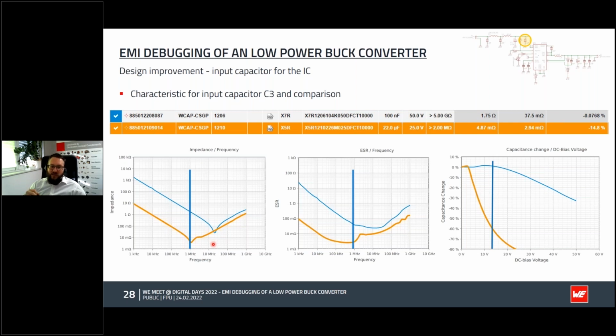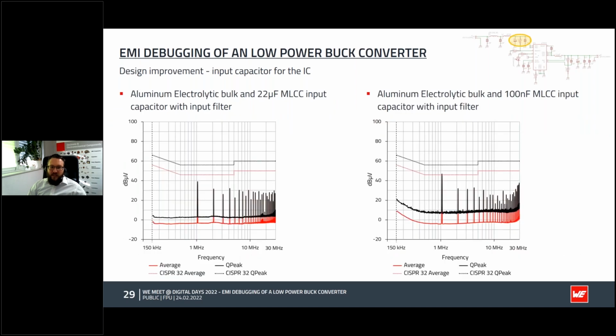So even with this drop of capacitance, the part itself has better electrical parameters than the 100 nanofarad. To prove this, I compared the measurement from the design with a 22 microfarad capacitor with the 100 nanofarad capacitor, which was the initial design.